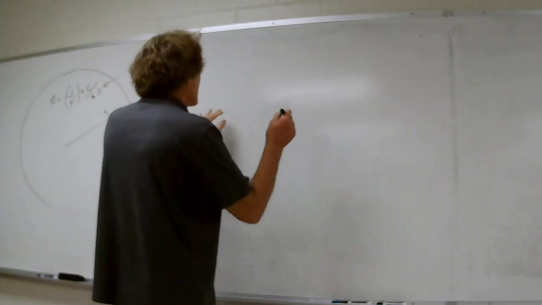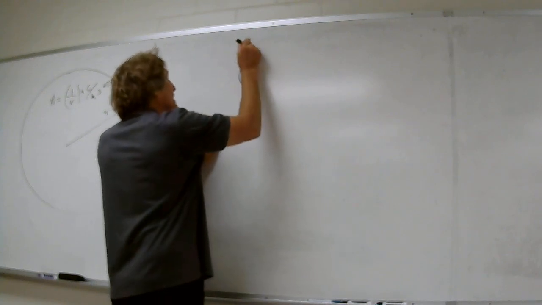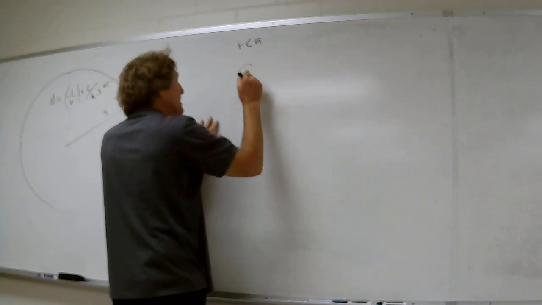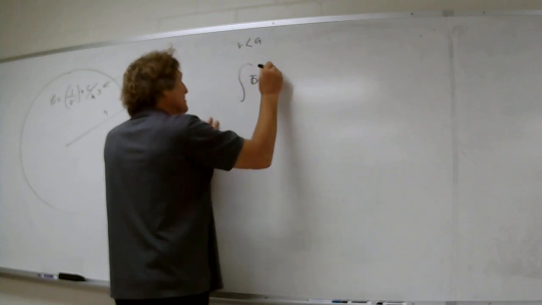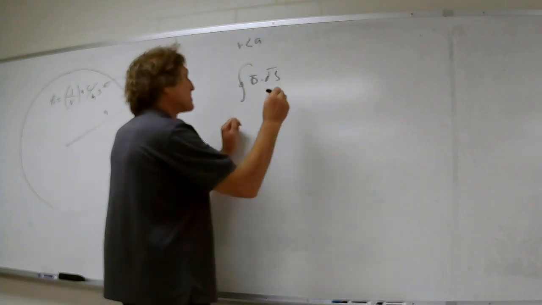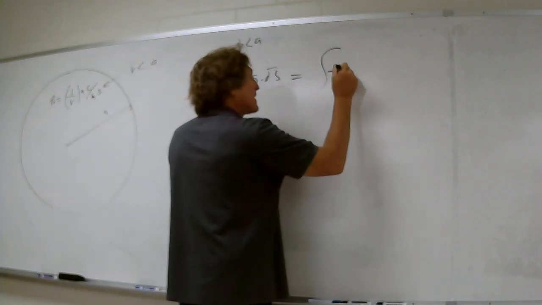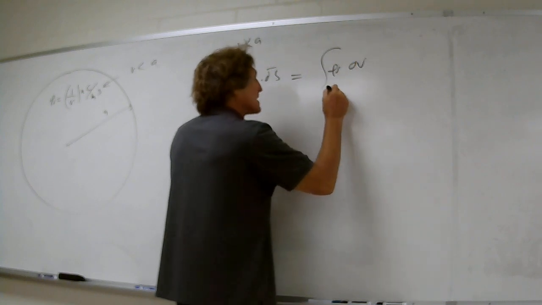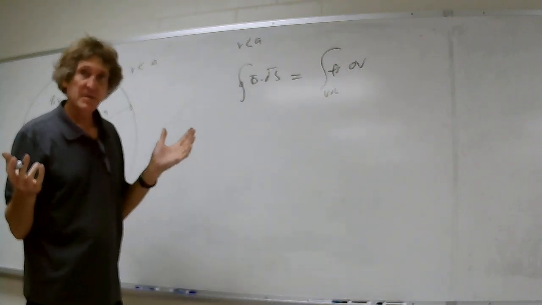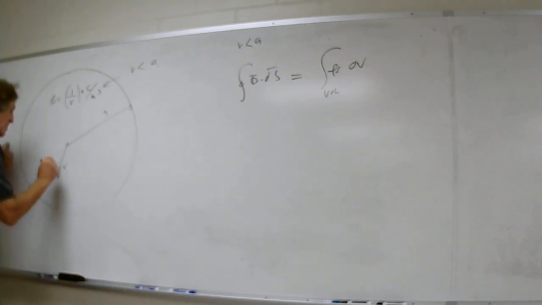So here we're going to go for r less than a. We know the integral of D dot dS, and I was very glad to see a lot of people get this part right, is equal to the integral of rho v dv inside the volume that you specified. You all agree with this? So my volume, since I'm inside, is going to be limited to r.